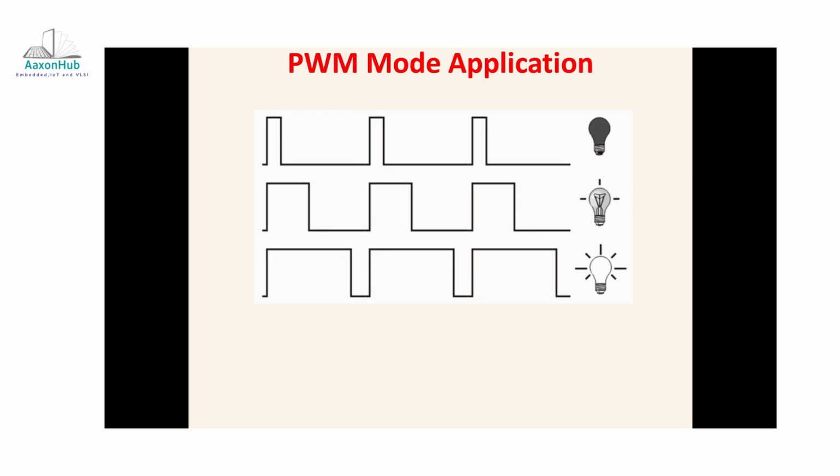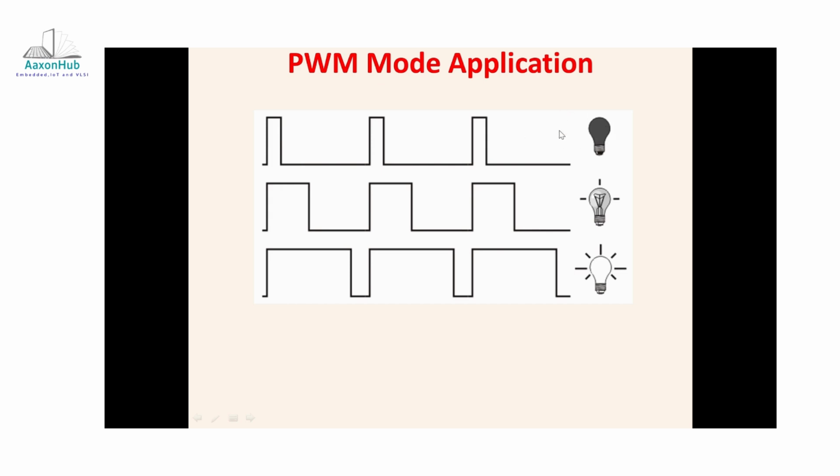So this is a simple PWM mode application. Let's say here I have set the duty cycle in this manner. This is the on period, this is the off period. Again, this is the on period and this is the off period. If I wanted to connect this kind of PWM application to glow a lamp, if you look at this duty cycle, the on period is less than the off period.